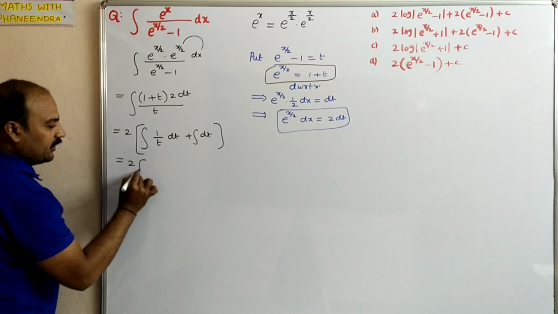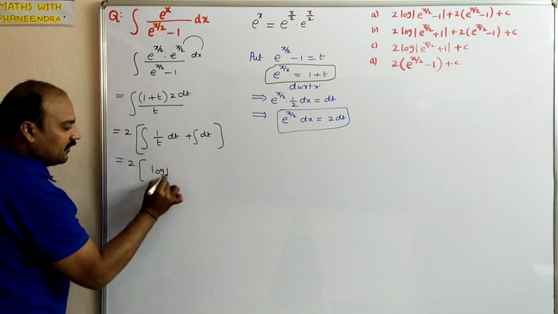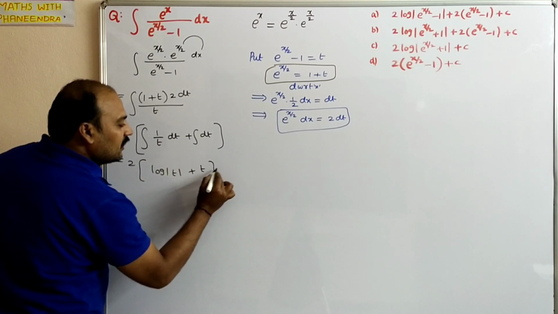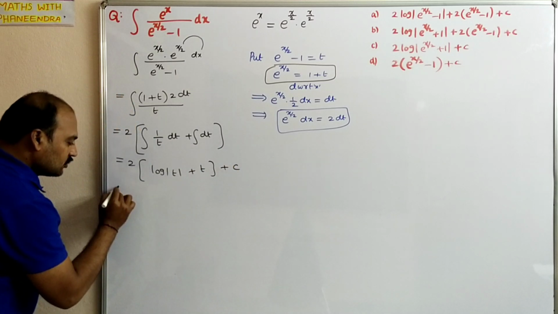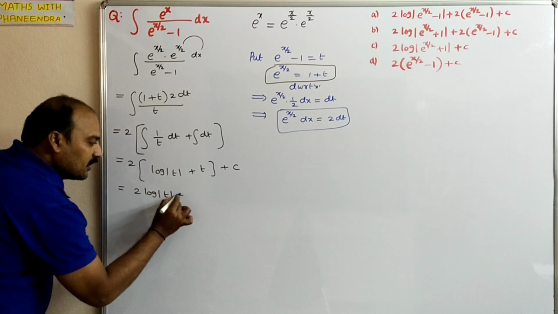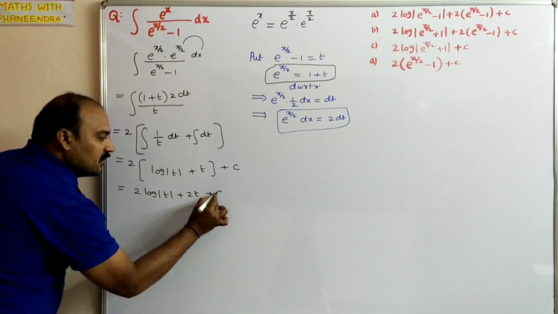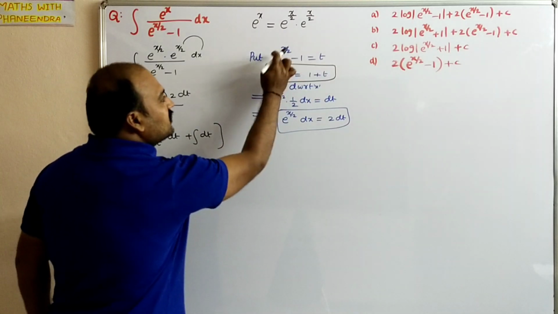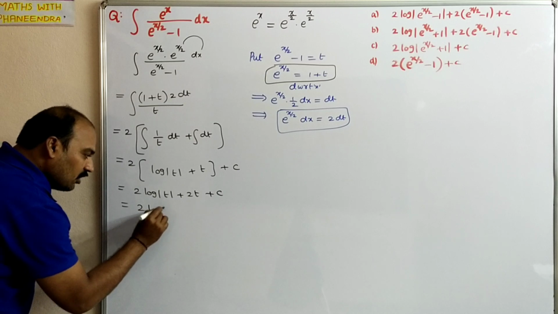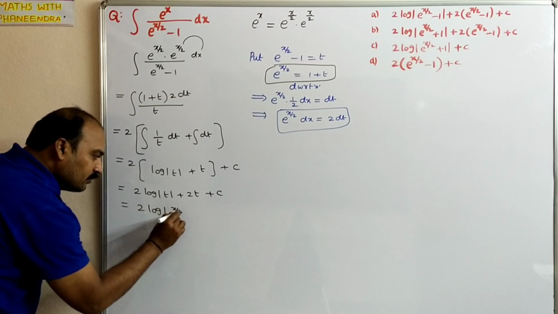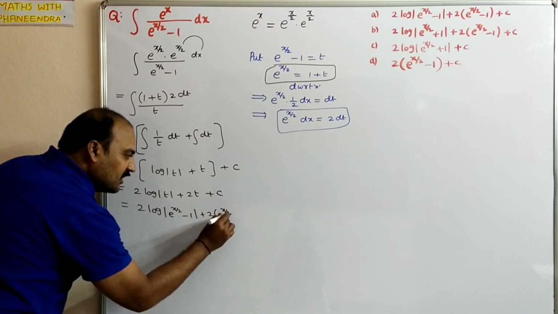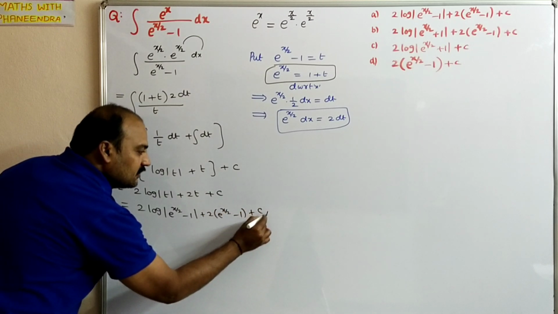So 2 into integral 1 by t means log mod t, plus integral dt is t, plus c. So 2 into log mod t plus 2t plus c. Wherever t is there, again you have to replace with e power x by 2 minus 1. So 2 times log mod e power x by 2 minus 1 plus 2 times (e power x by 2 minus 1) plus c.